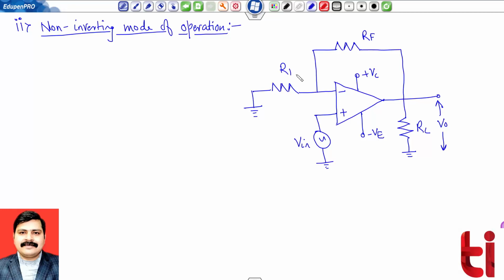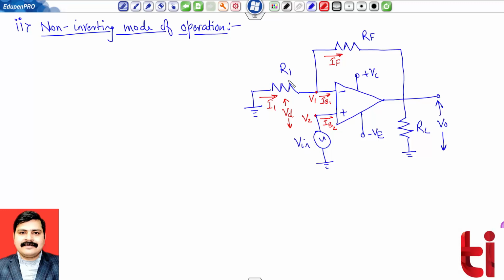For better understanding, this is my V1, this is my V2. So obviously VD will be the difference of these two. Again, current I1 is flowing here, current IF is flowing here, and to these two base terminals current IB1 and IB2 is flowing.